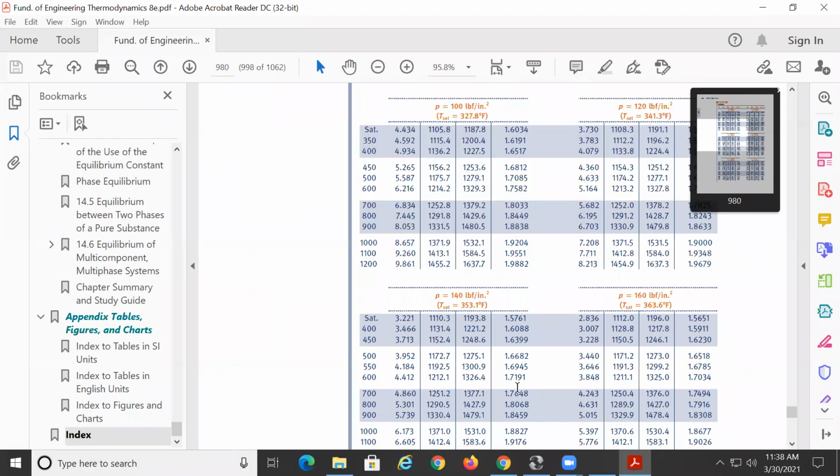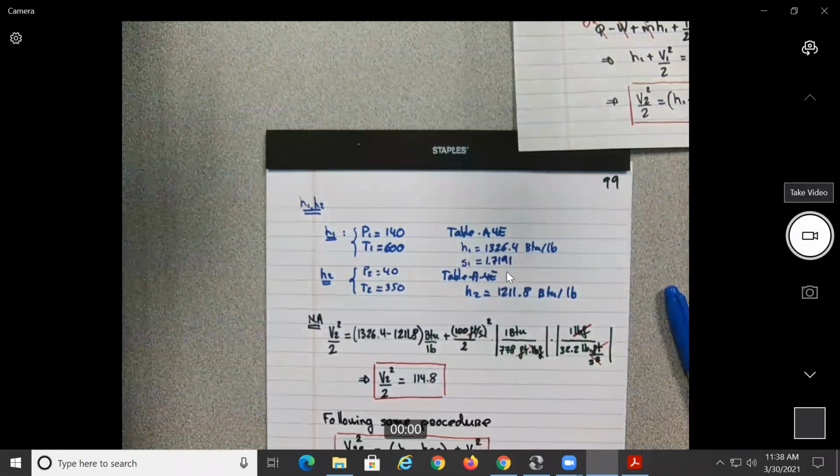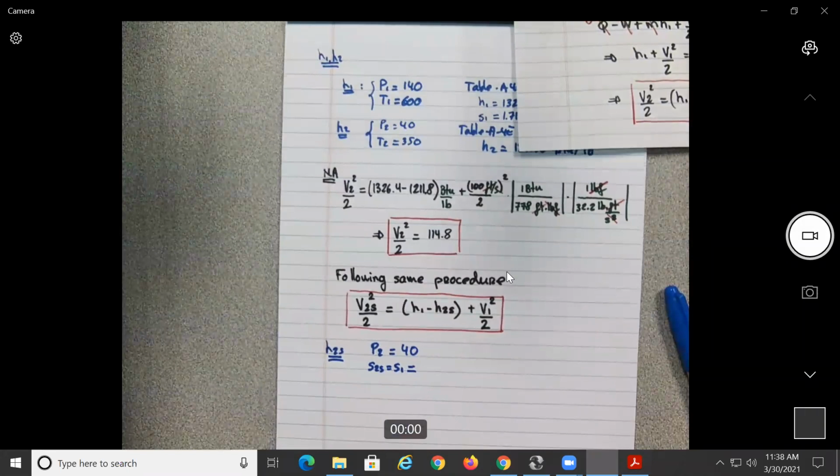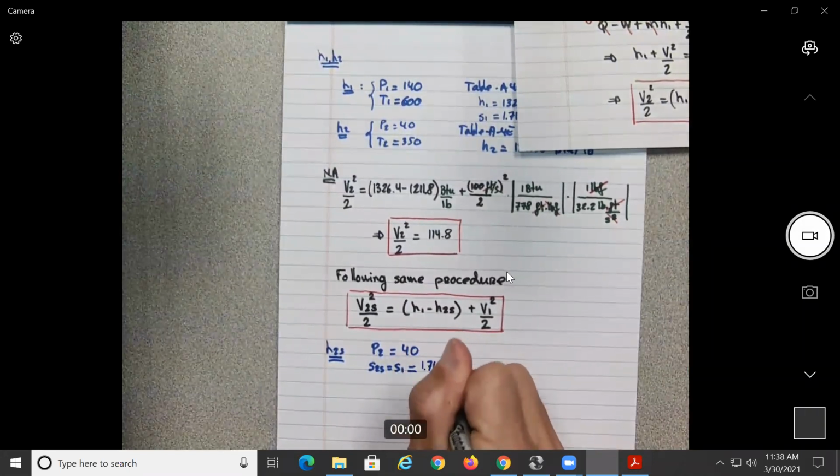The entropy will be 1.7191. Okay, so basically I just added here this S1 equal to 1.7191, which now I can use over here.